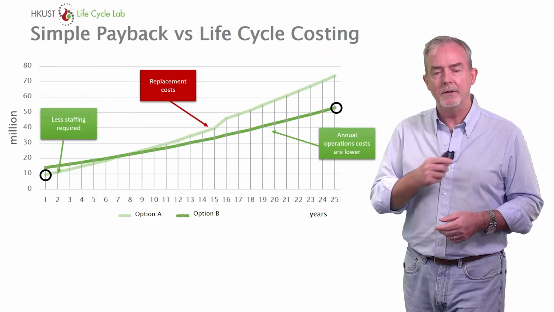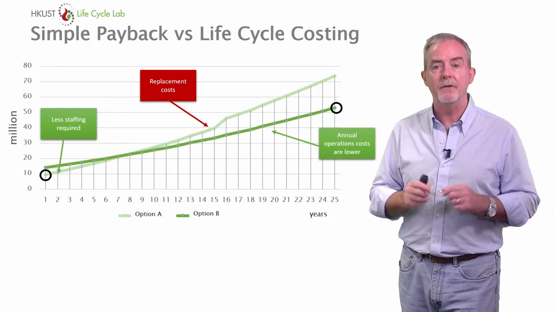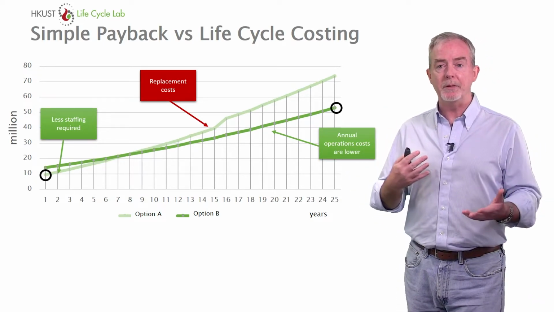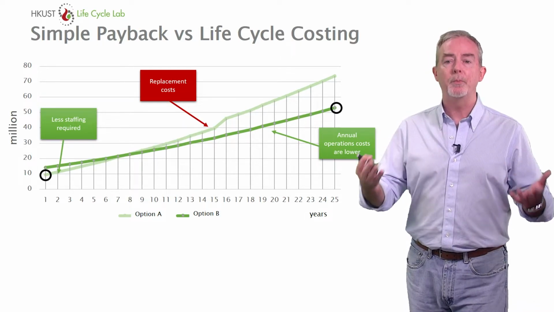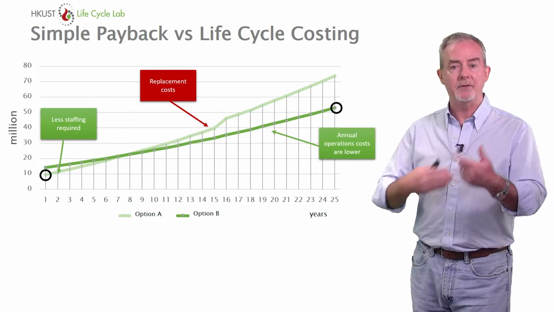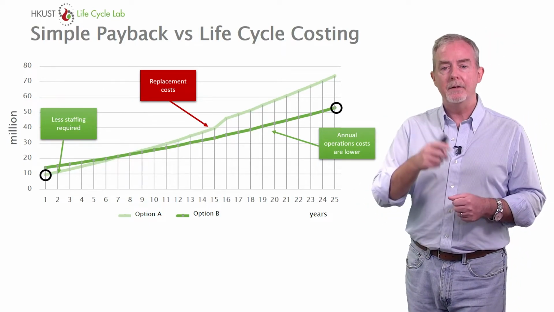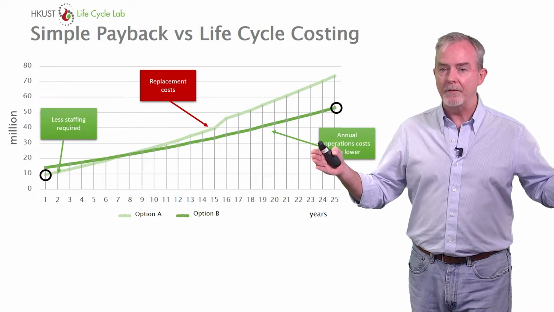And then here, very clearly, you see a little bit of a bump. And this is one thing that's very important, especially when people are looking at these things from a simple payback. You miss the fact that these items have to be replaced. And this is a clear example of one item can last for about 25 years.